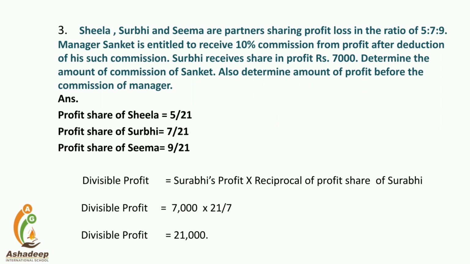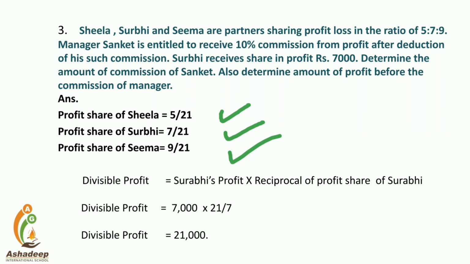Okay, so whatever information is given, we write it first. Profit share of Sheila is 5 by 21, profit share of Surbi 7 by 21, and profit share of Sima 9 by 21. In this question also, the profit of one partner is given: Surbi received rupees 7,000. So from that we can find the value of divisible profit.